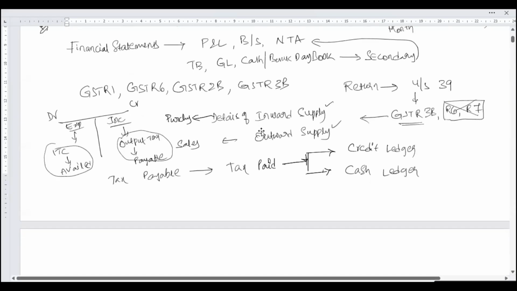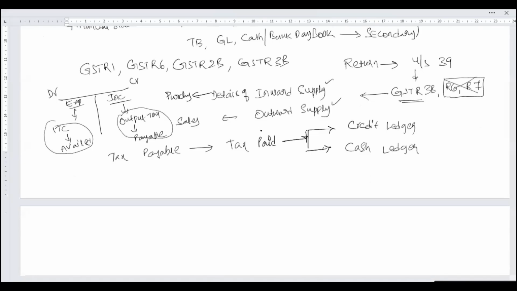Now, please keep in mind, all this, whatever we are doing, the mool, the base, is your Section 59. What is your 59? Self-assessment. That means to say, I determine what is my purchase.